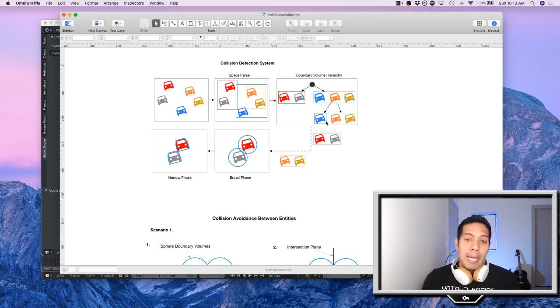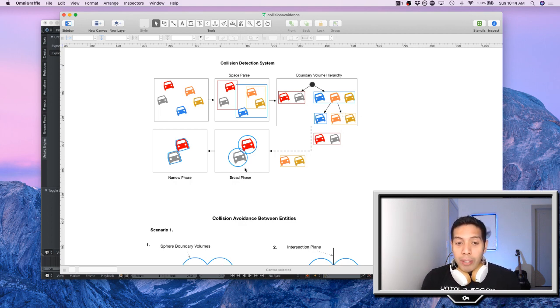So basically what I have here is a tree that hosts data in such a way that it tells the engine which entities are most likely to collide. And at this point is where I divide the whole engine into two phases, the broad phase and the narrow phase.